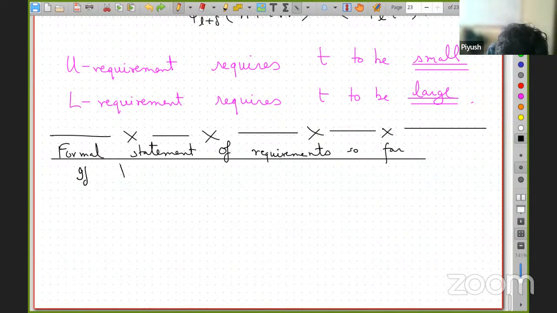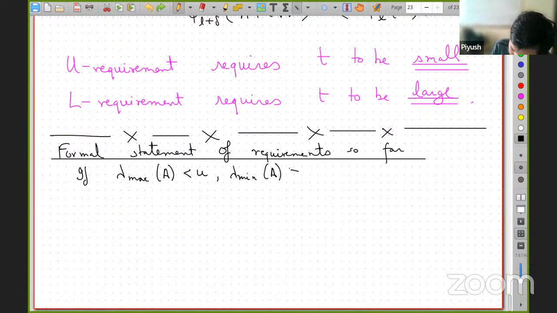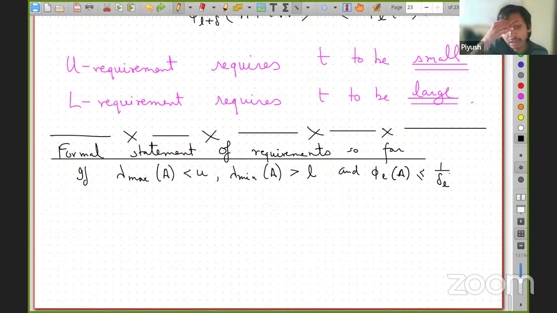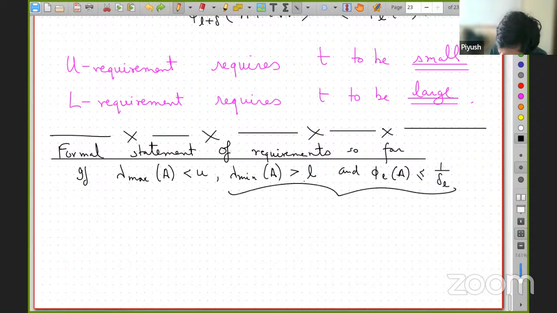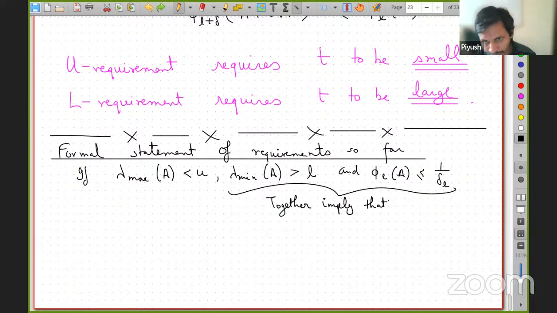If lambda max of A is less than U, lambda min of A is greater than L, and phi L of A is less than 1 over delta L, together these two imply that lambda min of A is actually bigger than L plus delta L.